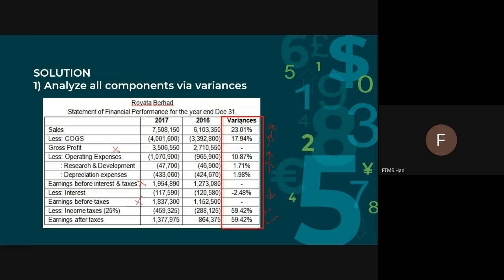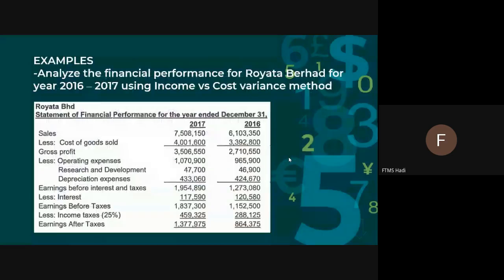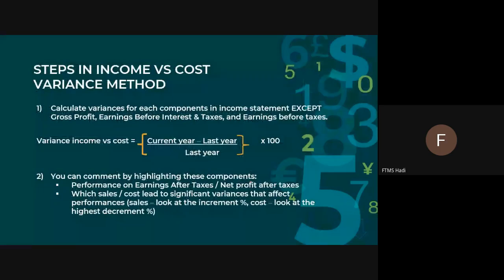And then from variances, the second step is to comment by highlighting these components. You can have a look at the performance of earnings after tax and net profit after tax, and which sales and cost lead to significant variances that affect performance. For sales, look at the increment percentage; for cost, look at the highest decrement percentage.